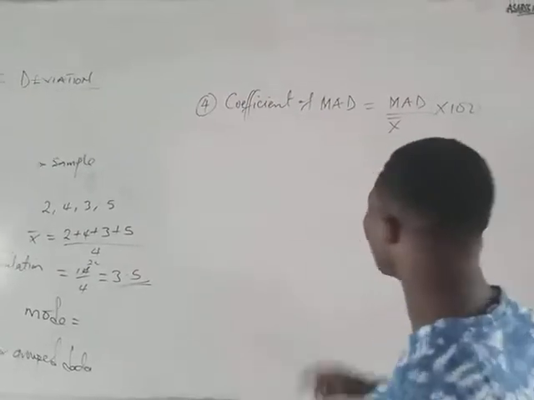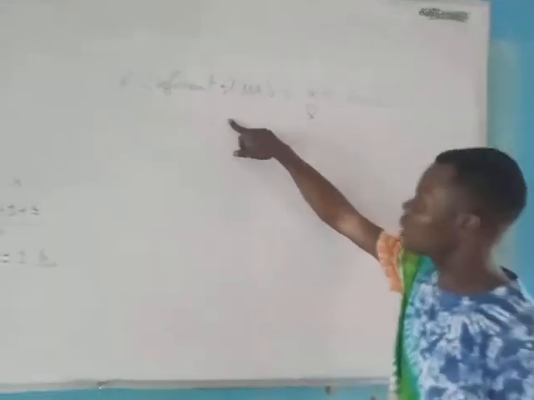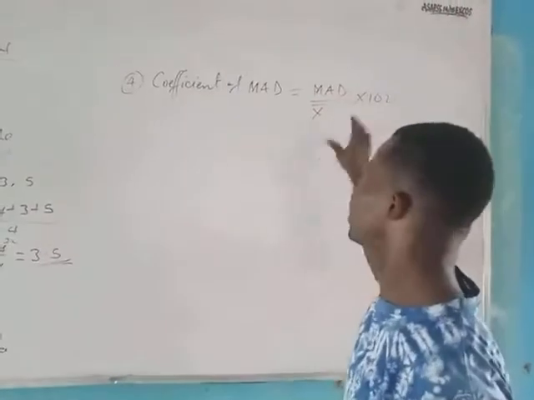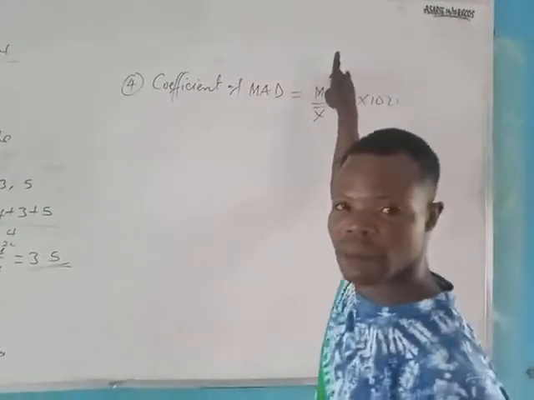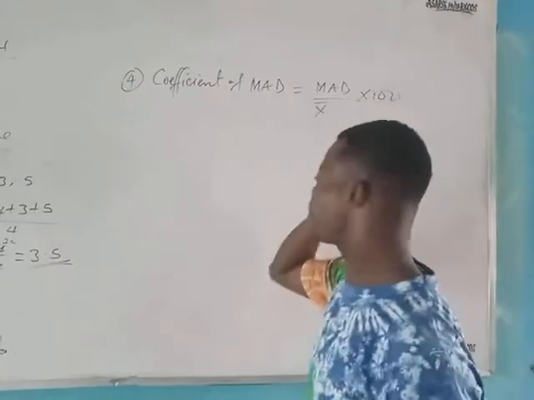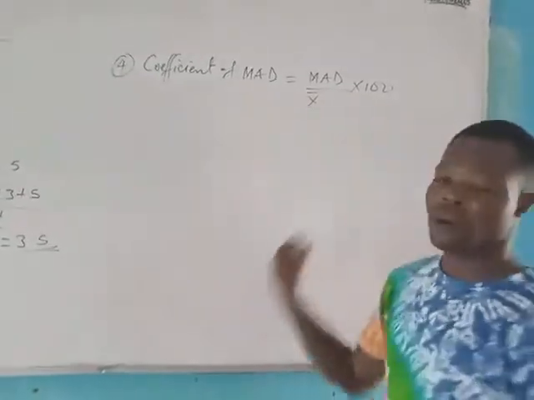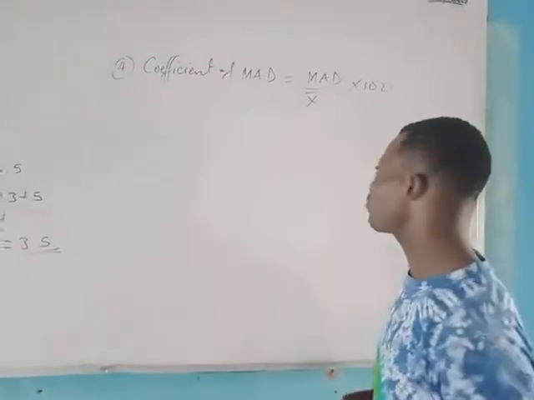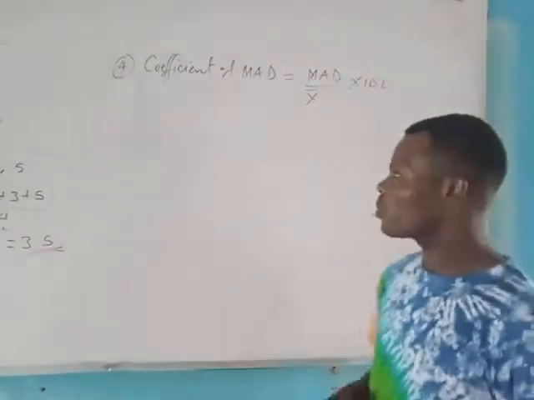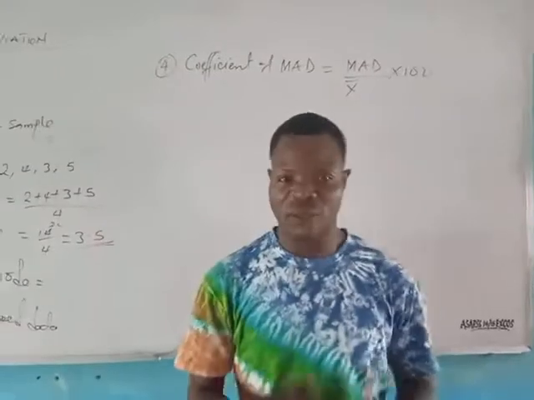So this is the formula to calculate the coefficient of mean absolute deviation. That is, you calculate the mean absolute deviation and divide it by our mean. Sometimes you can also divide it by your median, and you are going to arrive at the same result. So this is what we have today.